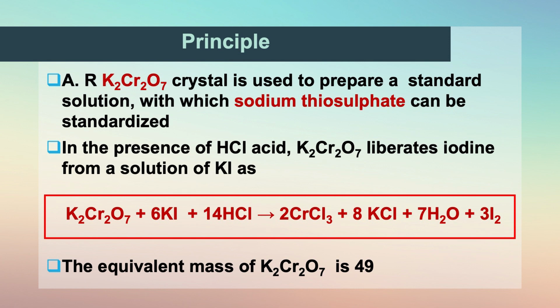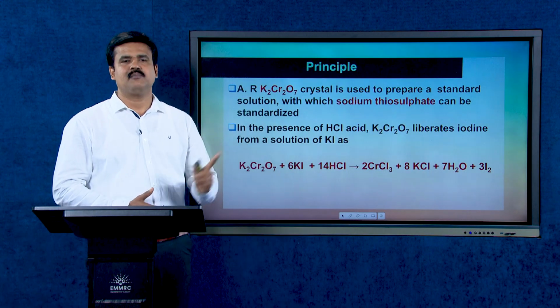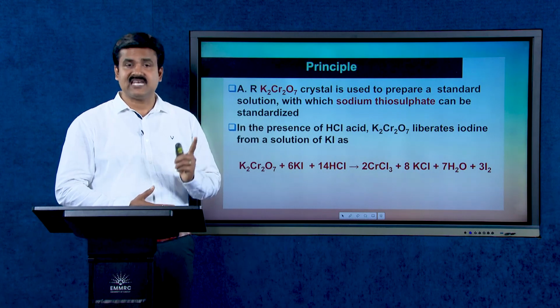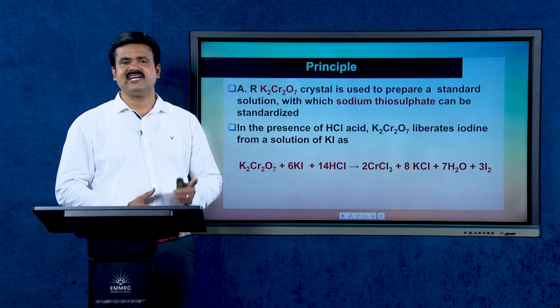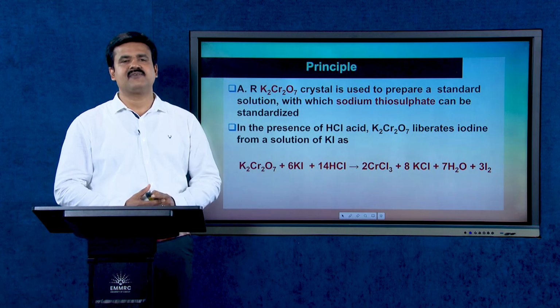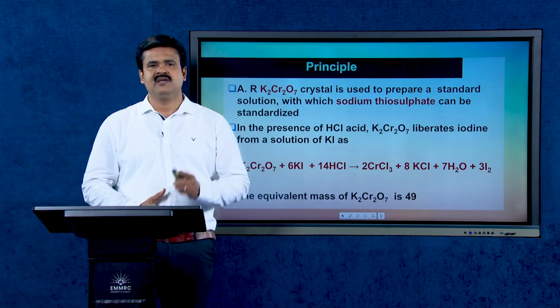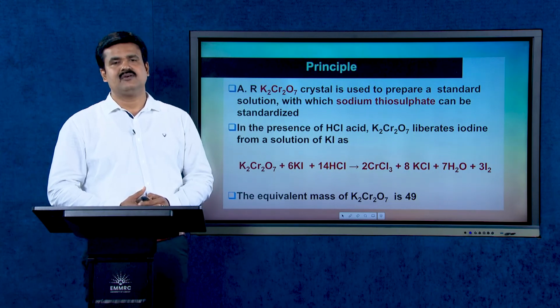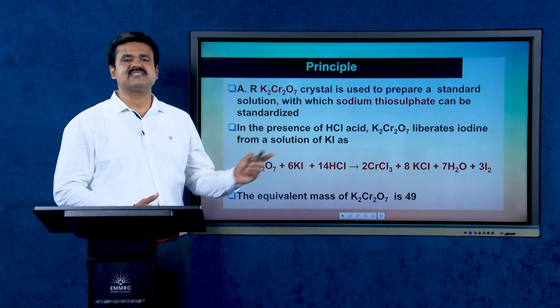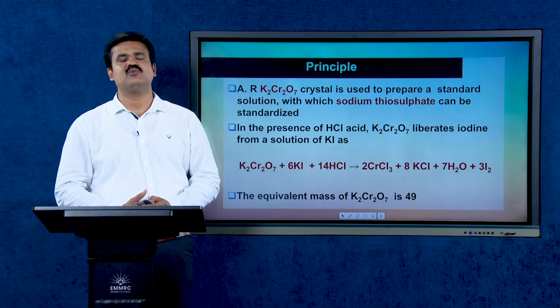K2Cr2O7 plus 6 KI plus 14 HCl produces 2 CrCl3 plus 8 KCl plus 7 H2O plus 3 molecules of iodine. It is very clear that potassium dichromate can liberate iodine from potassium iodide in the presence of HCl. The equivalent mass of potassium dichromate in the present reaction is equal to 49.